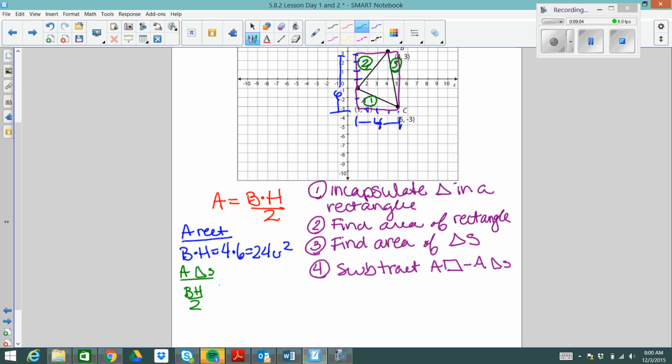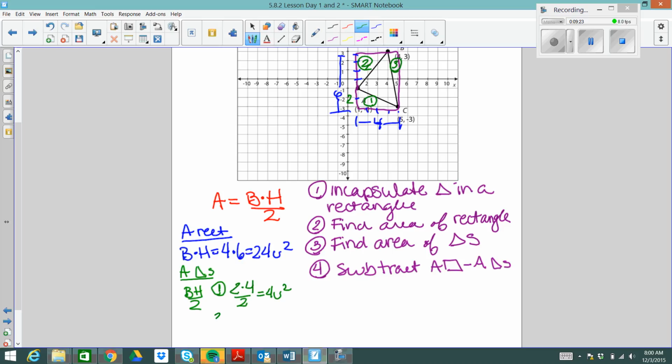So the area of triangle 1 is our base, which is 4, times our height, which is 2, divided by 2. So 2 times 4 divided by 2, which is 4 square units.